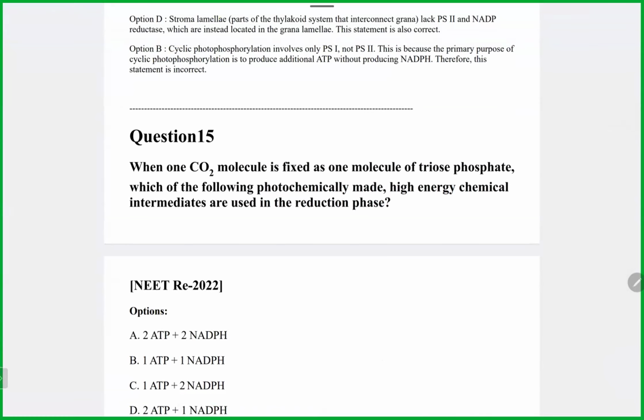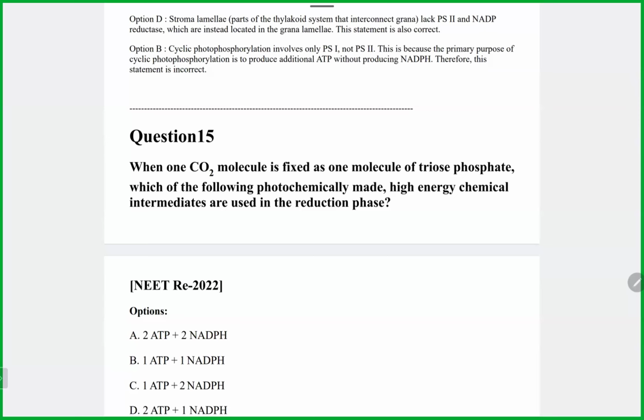In the reduction phase. A. A. Very good. A is the answer.